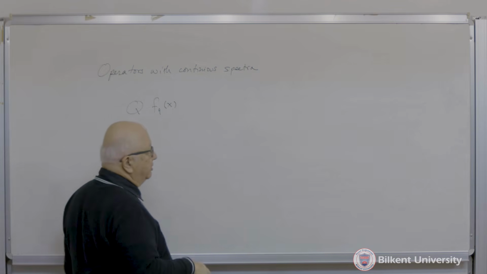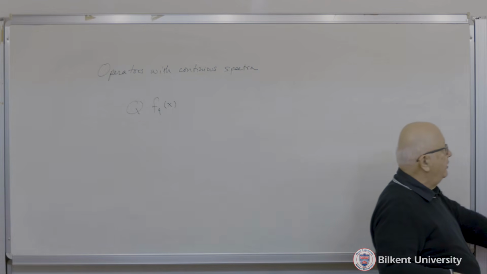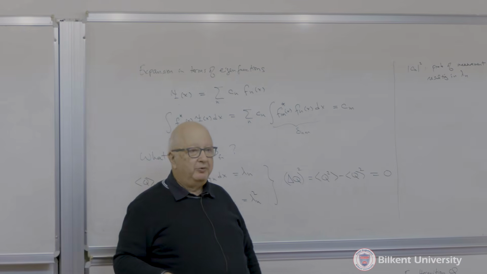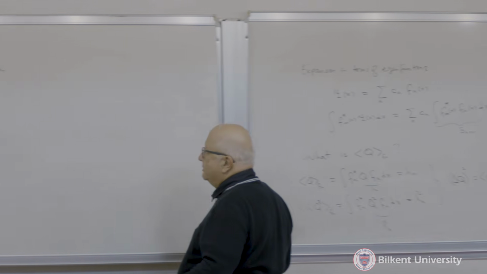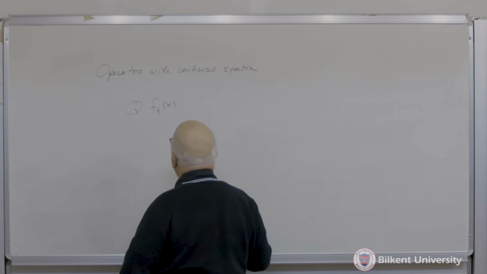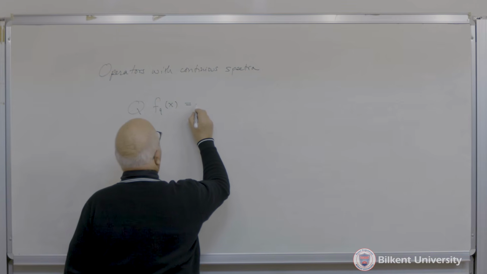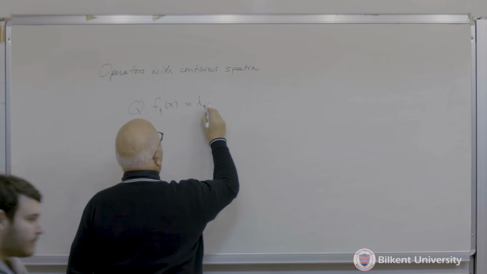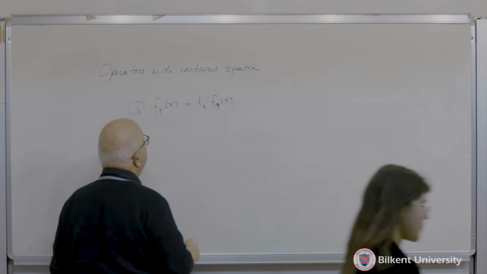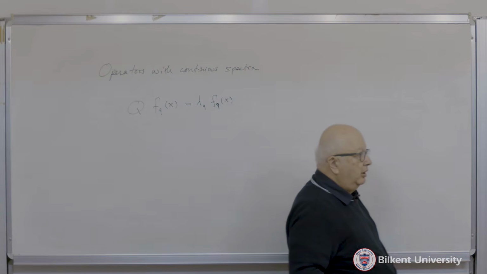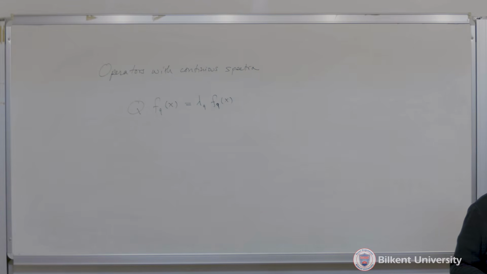Okay, so it's just like the expansion that we are using here, except that I am using the variable Q instead of n, because n is a signal for change in terms of discrete quantities. So this is lambda Q f Q of x. So Q is now a continuous variable, okay? And being a continuous variable, it can take some set of real values.